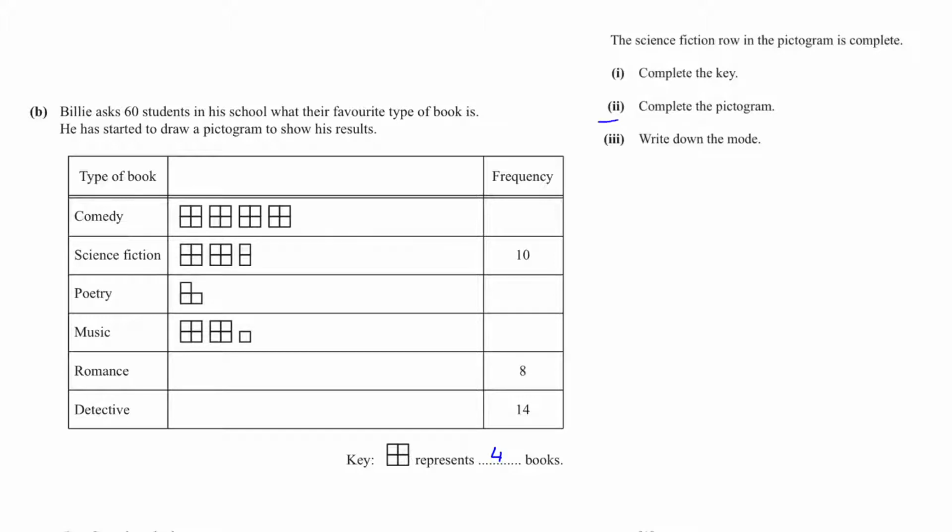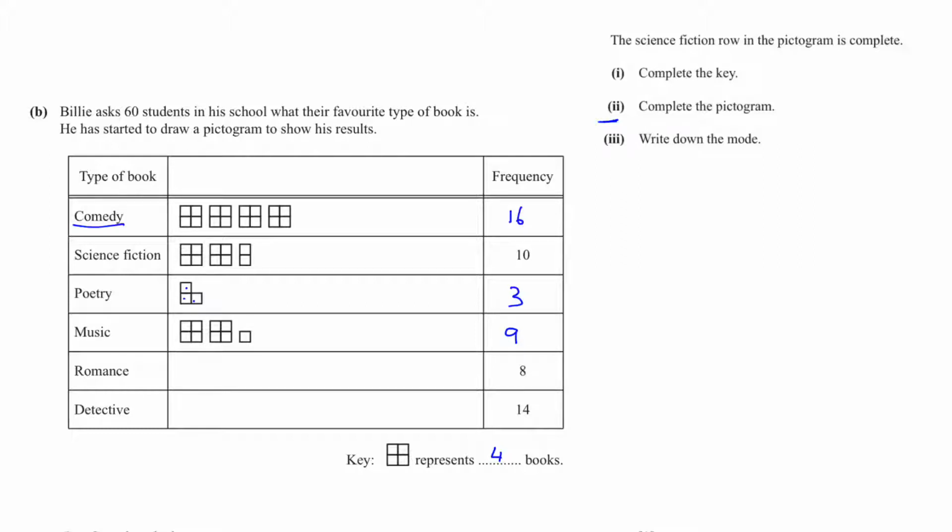Part 2, we have to complete the pictogram. In comedy, we have 4 full squares multiplied by 4, so 16. In poetry, you have 3 small squares, so 1, 2, 3. Frequency is 3. And music is 9.